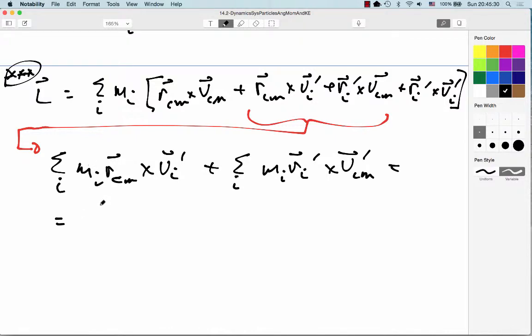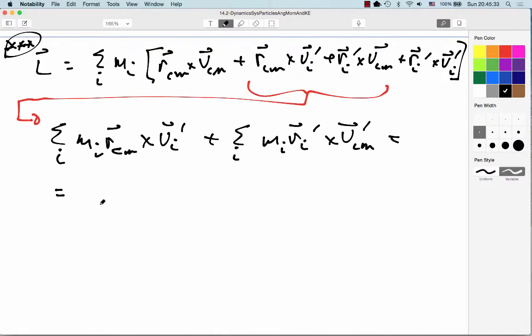Now the first term here, I can go ahead and move the m_i over there. Absolutely nothing wrong with it. And then I can pull the R_CM cross out of the sum. So I'll have R_CM crossed into, and then I can write this as d/dt of the sum over i of m_i R_i prime.